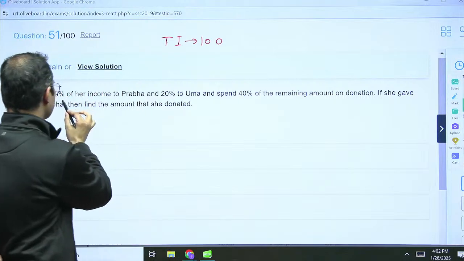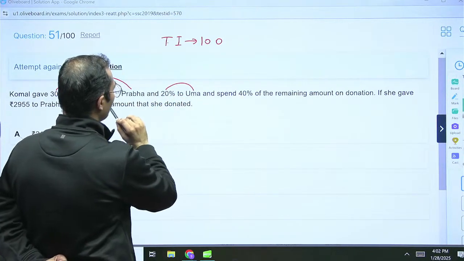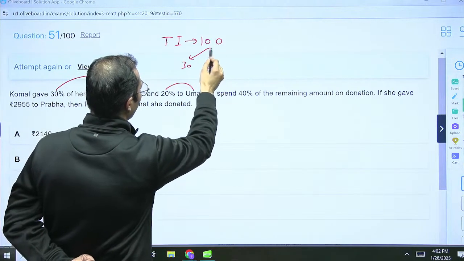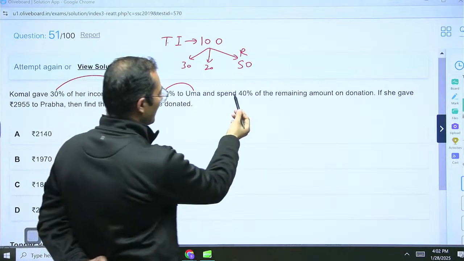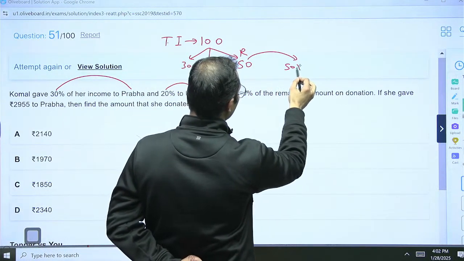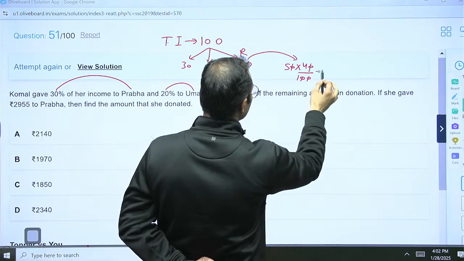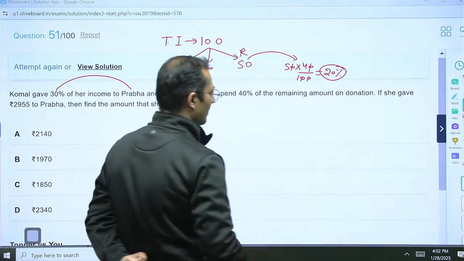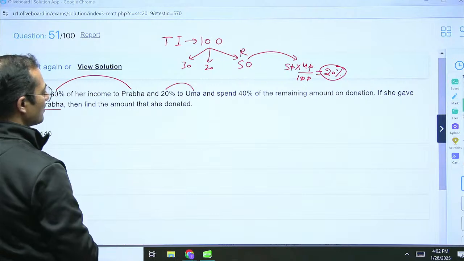She gave 30% to Prabha and 20% to Uma, so out of 100, 30 and 20 are already gone. The remaining is 50, and she spends 40% of the remaining. 40% of 50, or we can directly calculate, is 20%. If she gave this amount to Prabha, then find the amount that she donated.